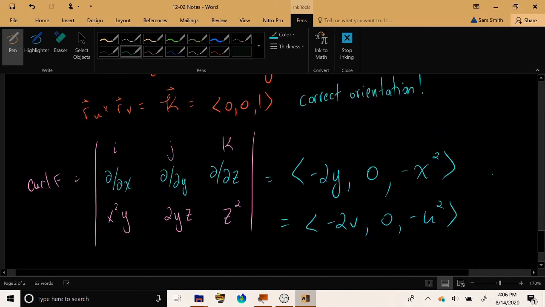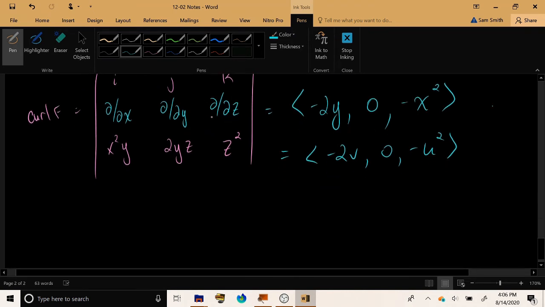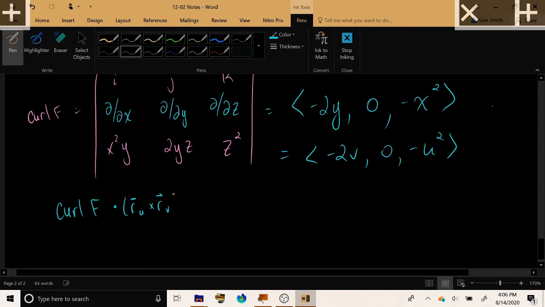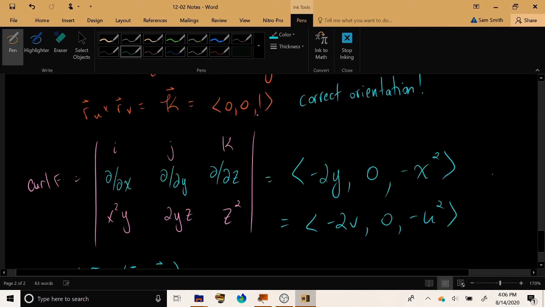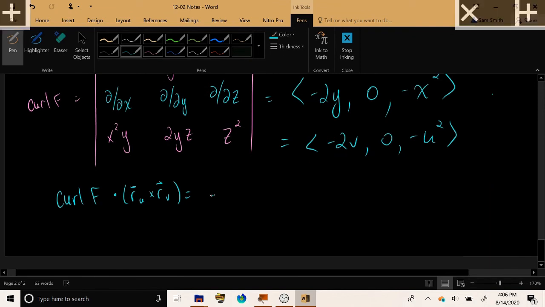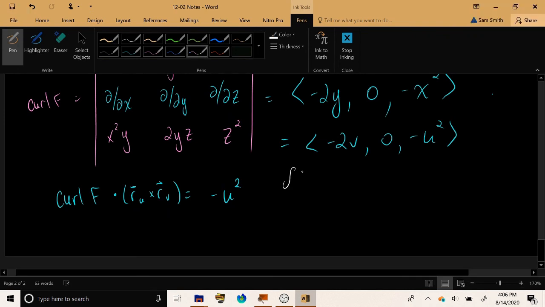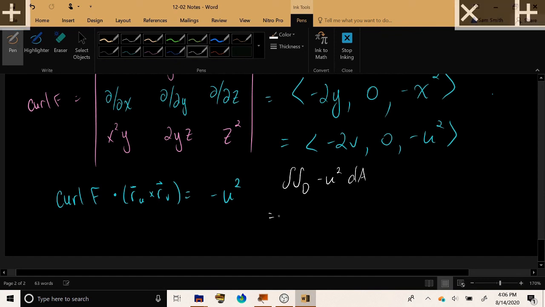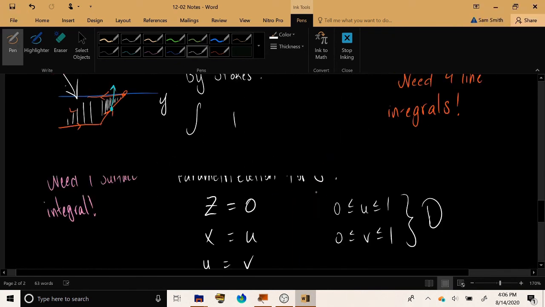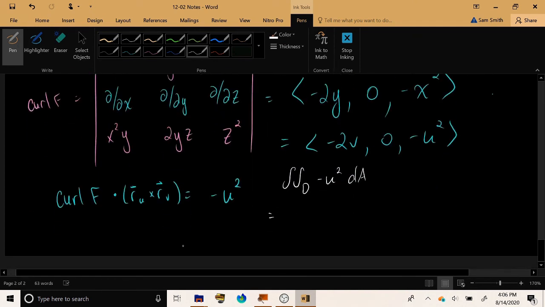And so if we dot product the curl with our normal vector, curl F dot ru cross rv, then the x component contributes nothing, the y component doesn't contribute anything, and we get from the z component negative u squared. And so it remains to calculate the double integral over the region D of negative u squared. Now D just had u and v going from 0 to 1.